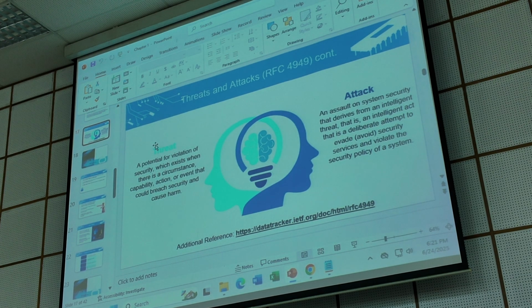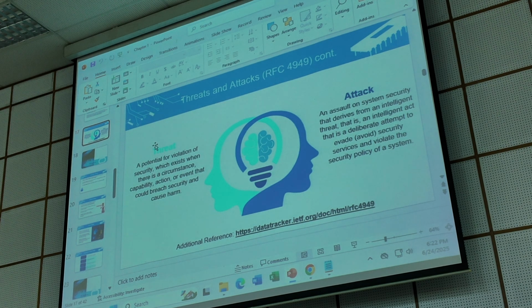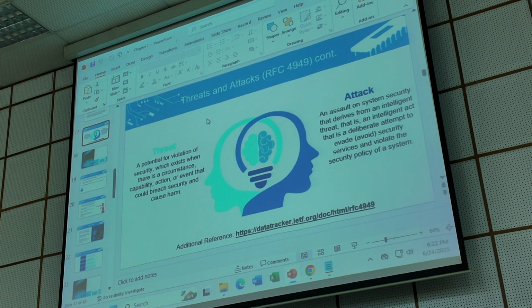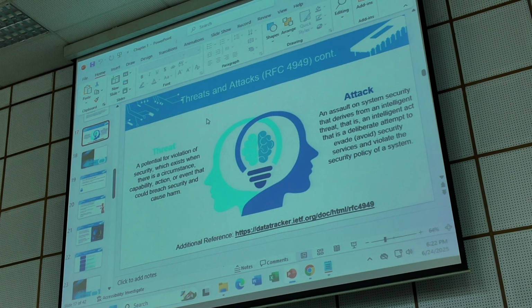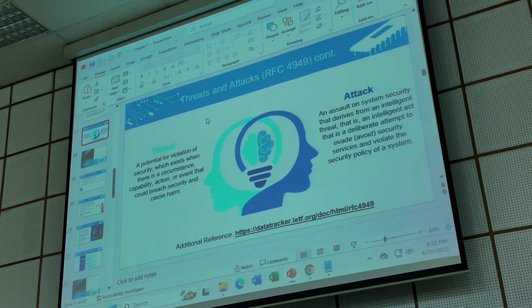So it's not yet attacking you. It may harm you, maybe will attack you. Attack has already happened. It's happening. A threat is before it happens. Take a virus: there's potential harm to your PC, but it has not yet attacked your PC. An attack has already attacked and harmed your PC.